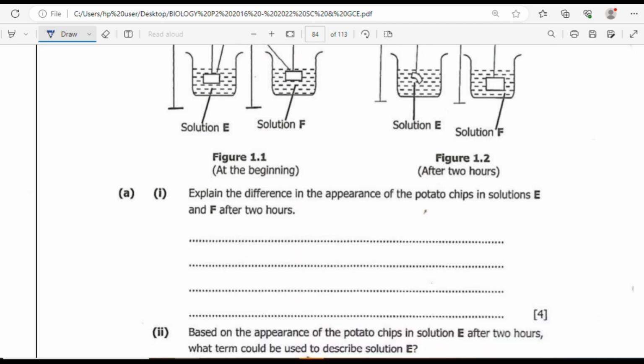So A1, explain the difference in the appearance of the potato chips in solution E and F after 2 hours. So say the potato chip in solution E lost water through osmosis process.